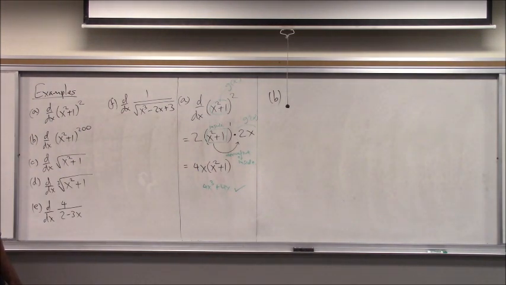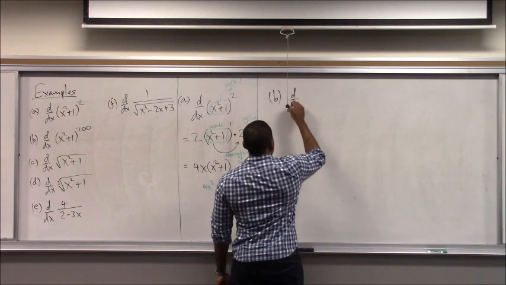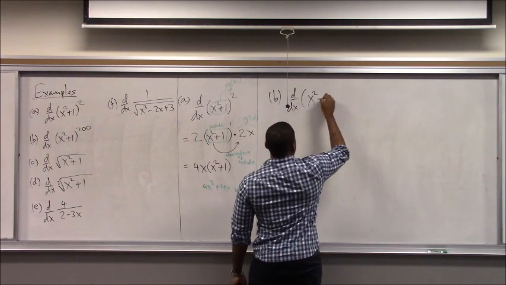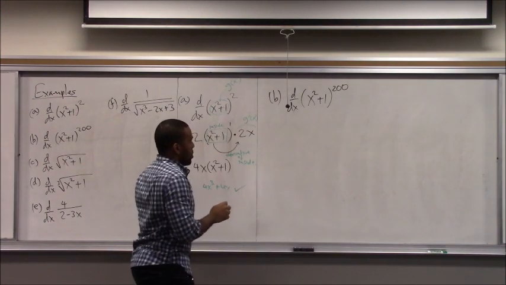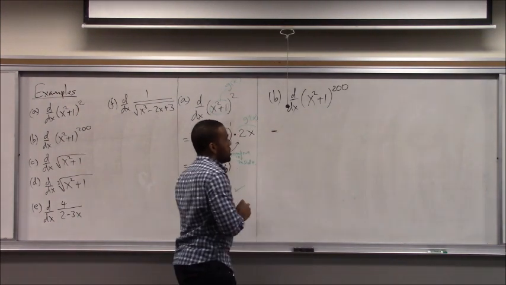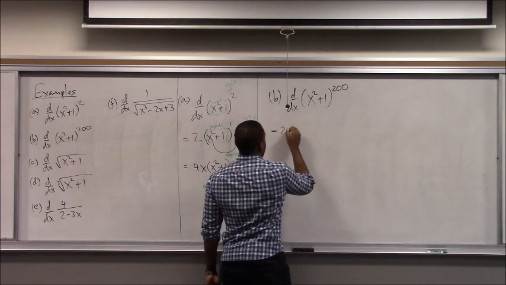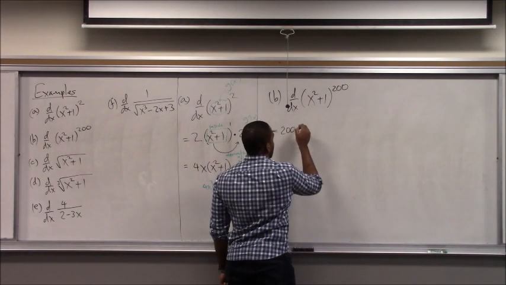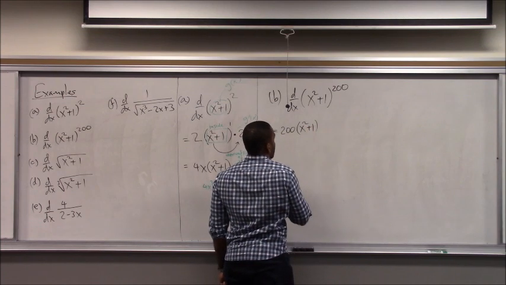Okay. So maybe this would also make it clearer. This isn't much more complicated. I'm just redoing a very similar version. So what would you say happens here? 200, x squared plus 1, times 2x.